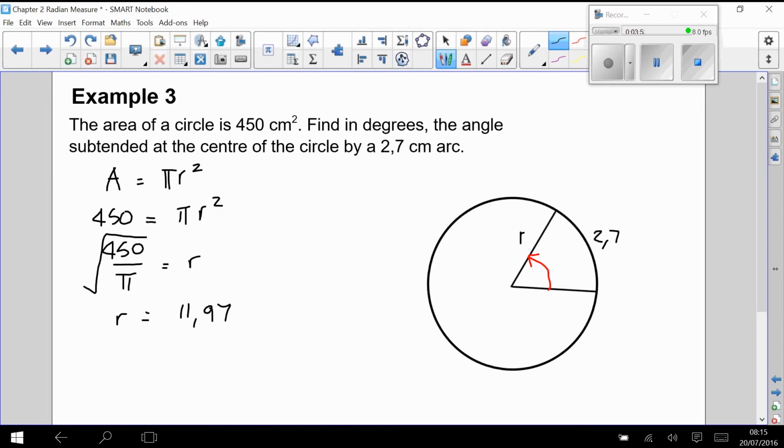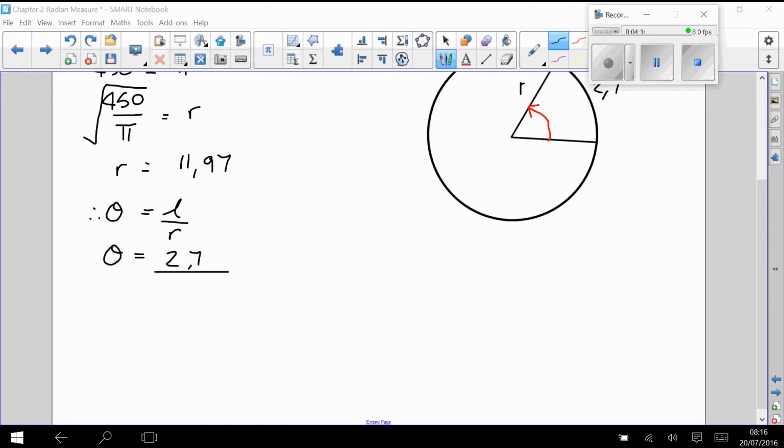Now, if I want to find the angle, I know that the angle can be found if I take the arc length and divide it by the radius. So the angle theta that I'm looking for is going to be the arc length of 2,7 divided by the radius, which is 11,97.